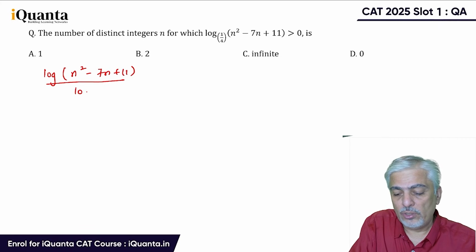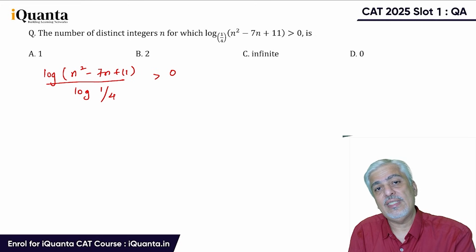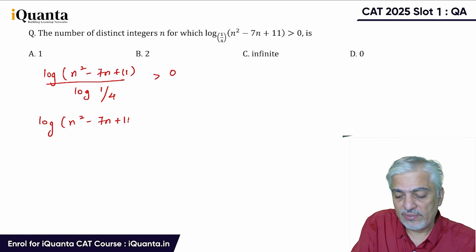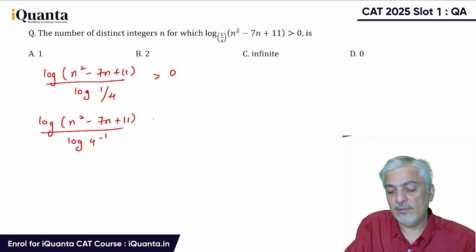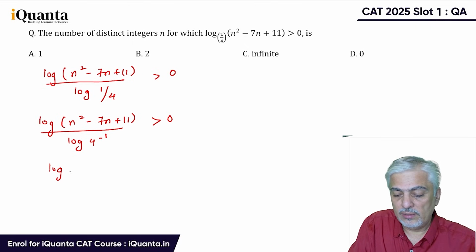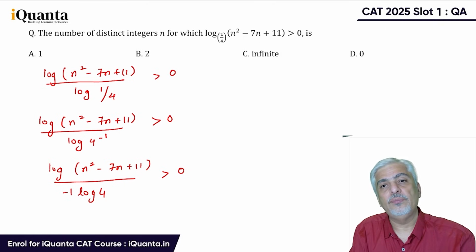So this becomes log of n square minus 7n plus 11 upon log 1 by 4 is greater than 0. What is log 1 by 4? 1 by 4 itself can be written as 4 raised to minus 1. So I can write this as log of n square minus 7n plus 11 upon log 4 raised to minus 1. Minus 1 comes in the front, so I'll get log of n square minus 7n plus 11 upon minus 1 log 4 greater than 0.